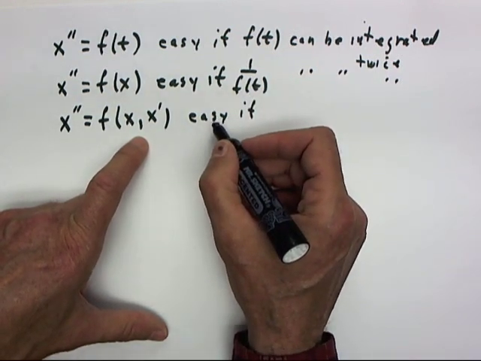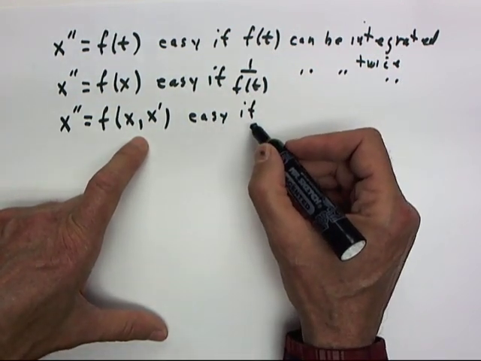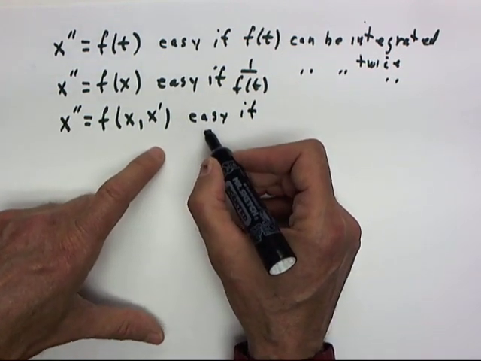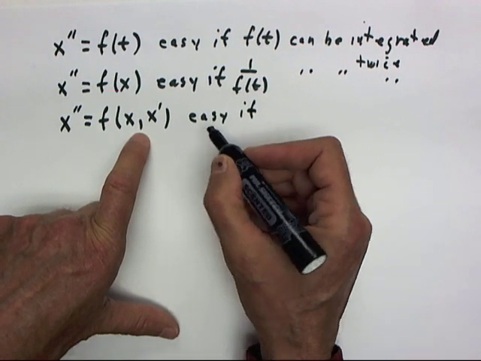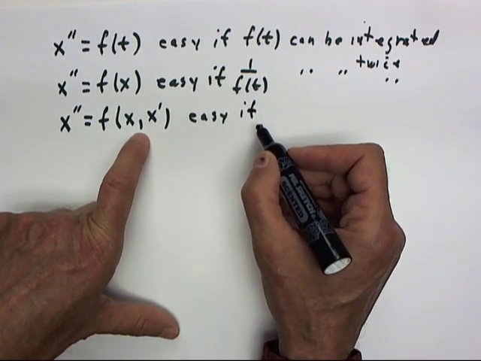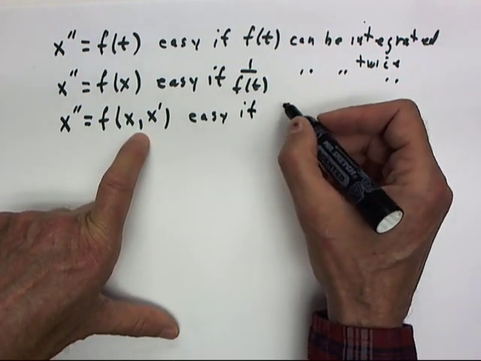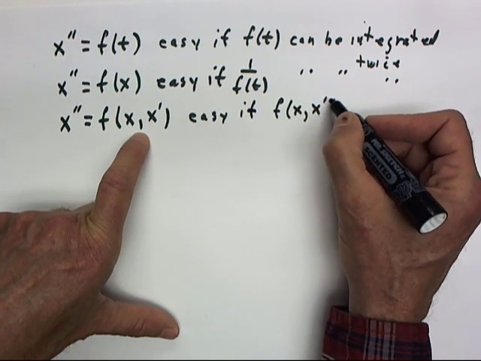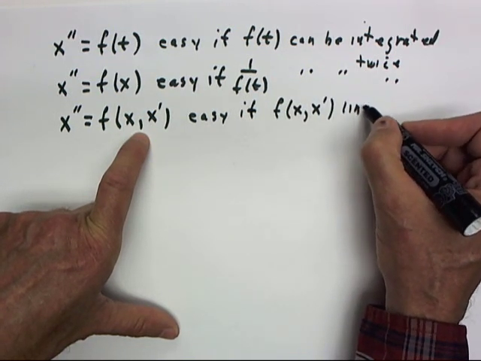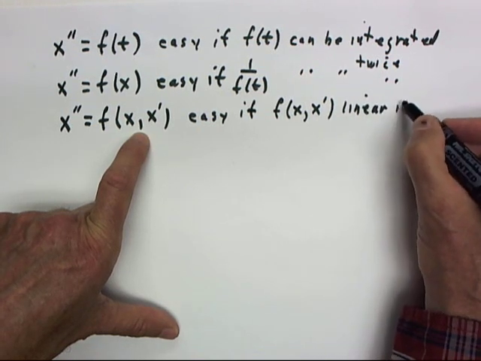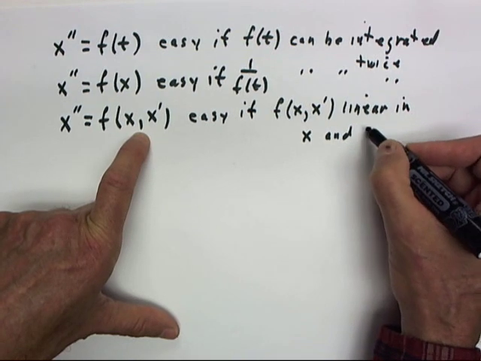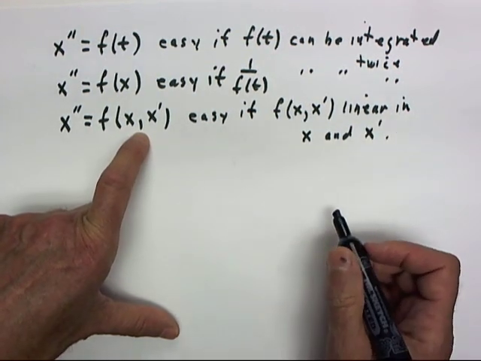It can get a little complicated, but it's not really conceptually difficult. There's a simple trick that we can use to integrate this, and it's a subject of a later chapter. It's easy if f of x prime is linear in x and x prime.